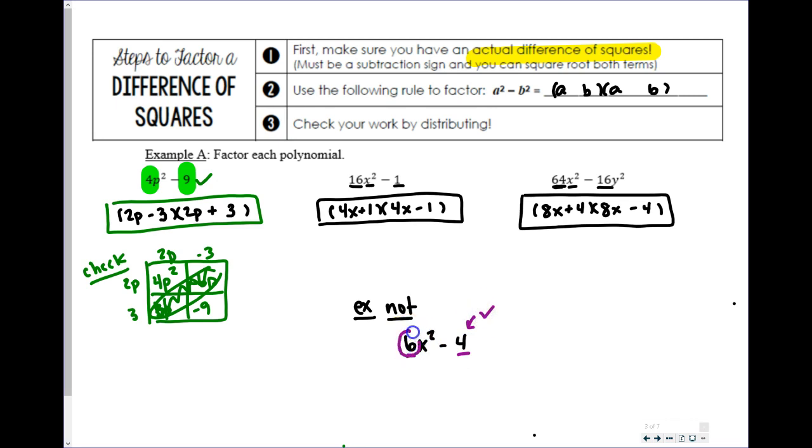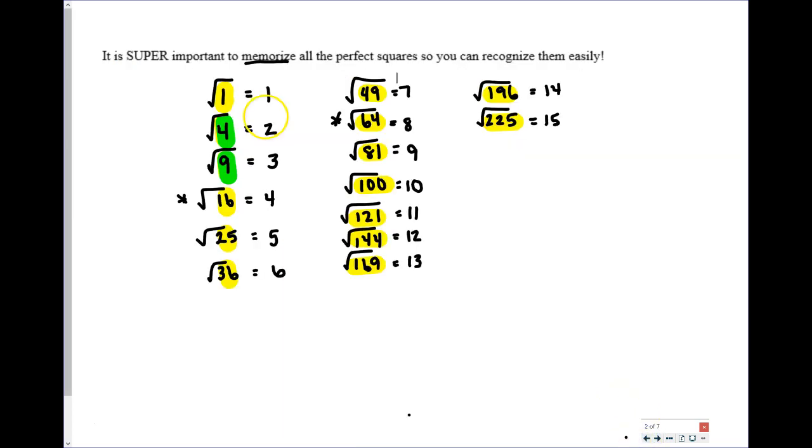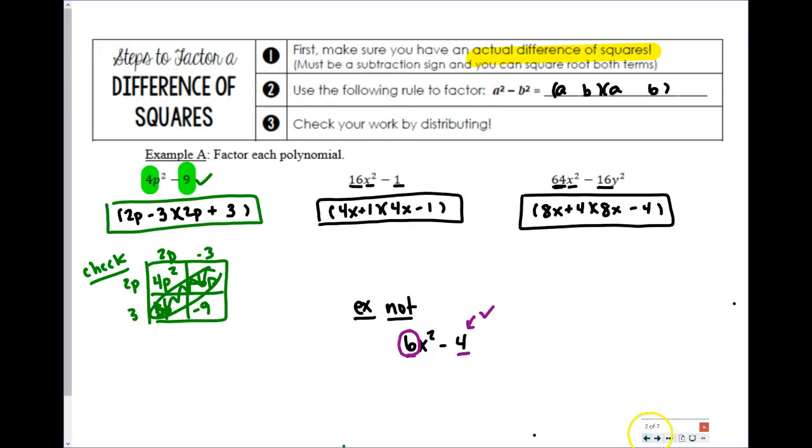But 6 is not a perfect square. If I go back to my list, the square root of 6 doesn't come out to a whole number. It's not on my list, it comes out to a decimal, so this right here is not a perfect square. Even though it's got this minus sign, this is not a perfect square. You cannot use the trick for that one.